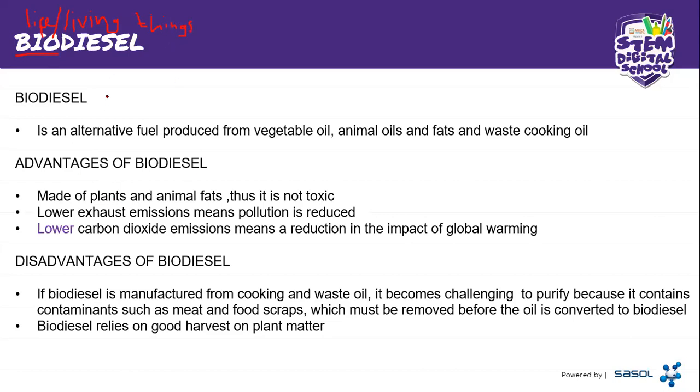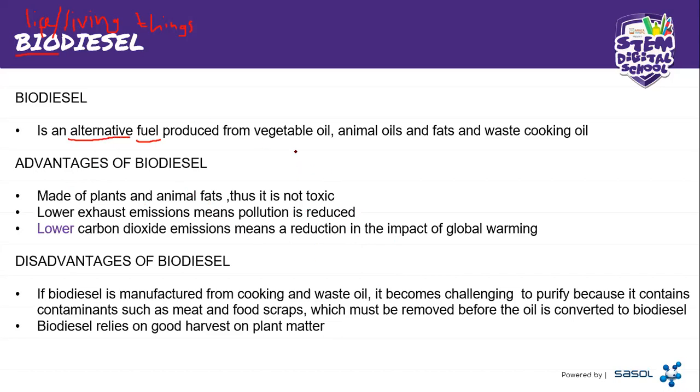Now, biodiesel in itself is a fuel altogether. Like we know diesel to be fuel, the petroleum diesel, we are used to petroleum diesel, and we know that is fuel. So this time we are not talking about petroleum diesel, we are talking about biodiesel. So it is still a fuel. It is just that it's an alternative fuel.